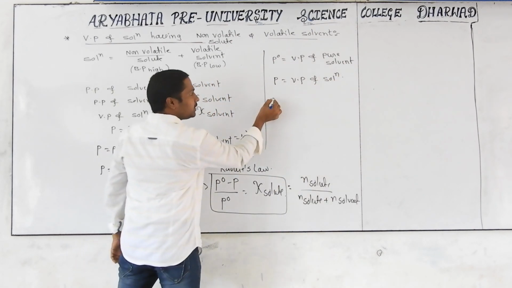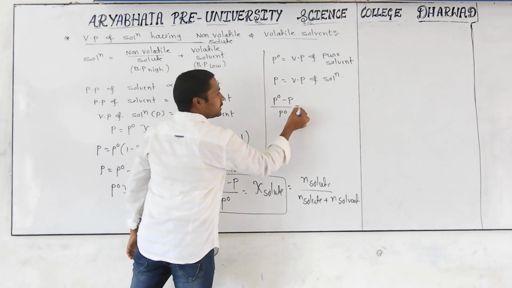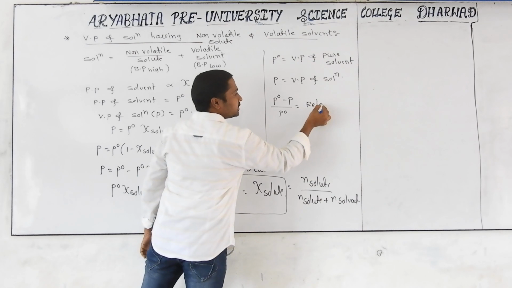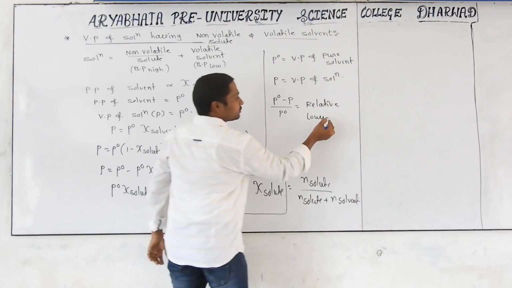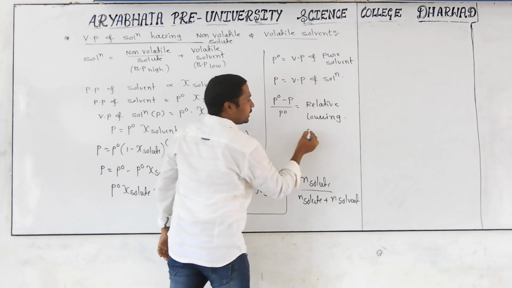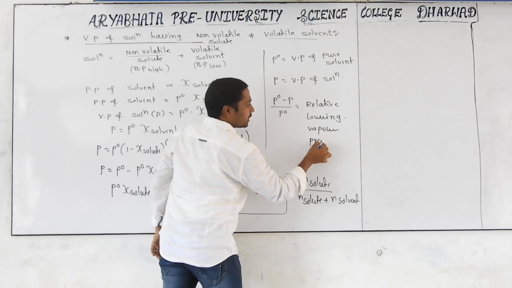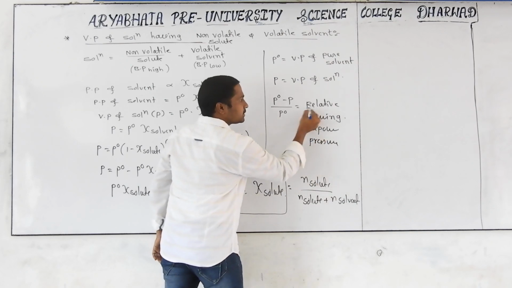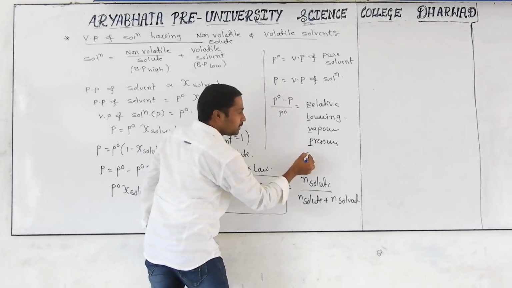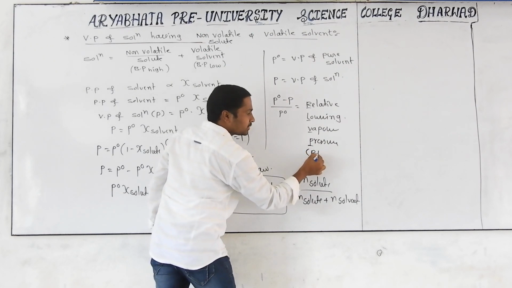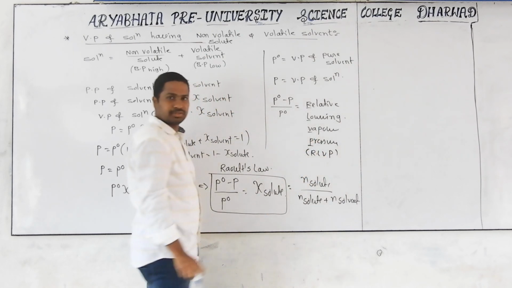Automatically, whatever term is here, (P0 minus P) by P0, is called relative lowering of vapor pressure. In shortcut, we call it RLVP. So (P0 minus P) by P0 is called RLVP, the relative lowering of vapor pressure.